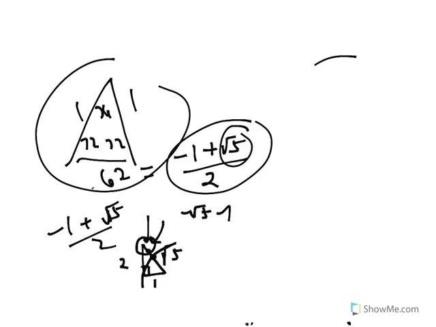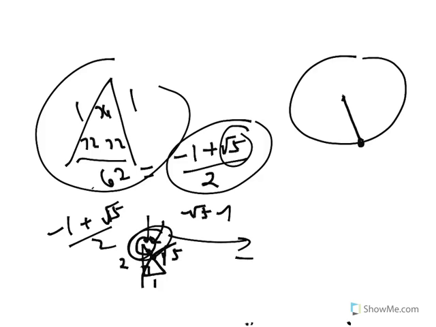So if I make a circle with radius 1, make a line segment out here, and I create this line segment, which is minus 1 plus square root of 5 over 2, and I make a little circle that's got that length, I'll have created this triangle that I want, the 36, 72, 72 triangle. Once I have my triangle, I can get the entire pentagon by finding the perpendicular bisector of the two sides here.